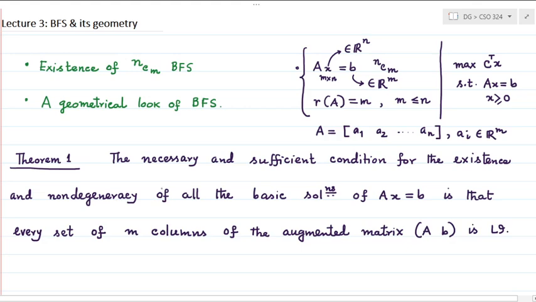That means none of the basic variable values of your basic solutions will be 0. That is the meaning of this result.